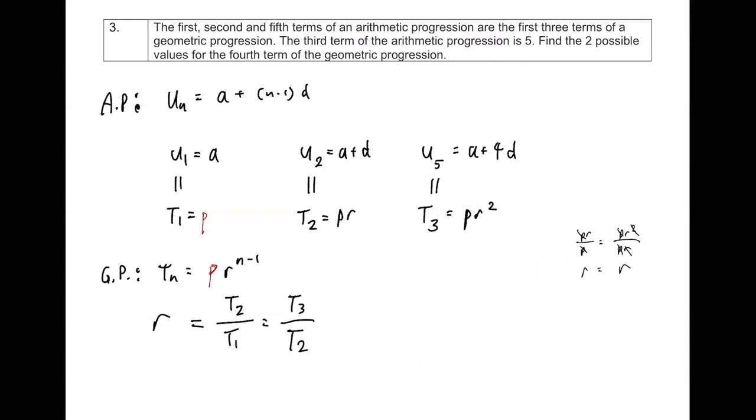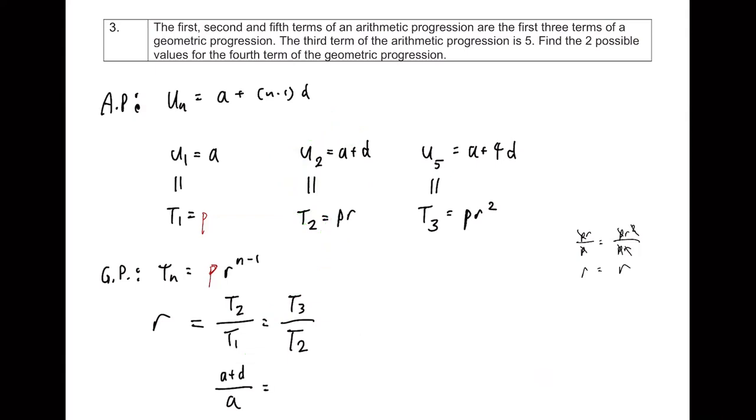What we should do instead is to make use of the new information, which is that T1 is actually equal to U1, and U1 is equal to A. So that means we can replace our T1 over here with A. So T2 over T1 will be something over A. Likewise for T2, we know it's equal to U2, which is A plus D. So we can just sub in A plus D on the numerator.